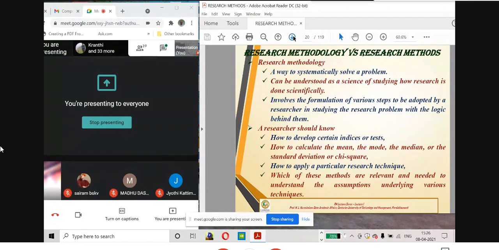How to apply a particular research technique, that means mathematical modeling or computer simulation or fabrication of equipment. So that is the technique.